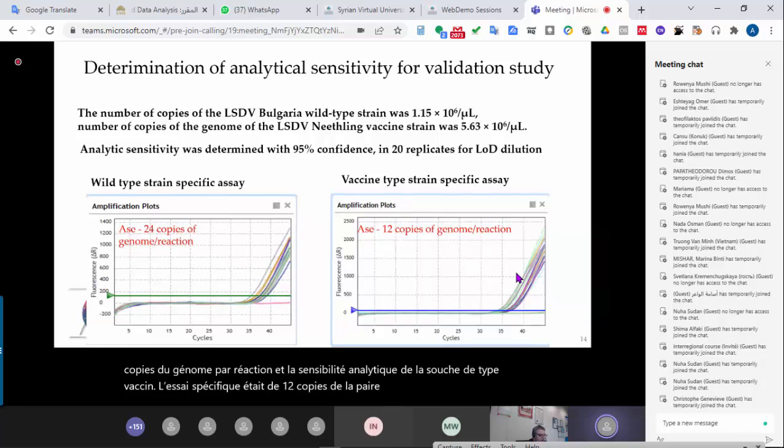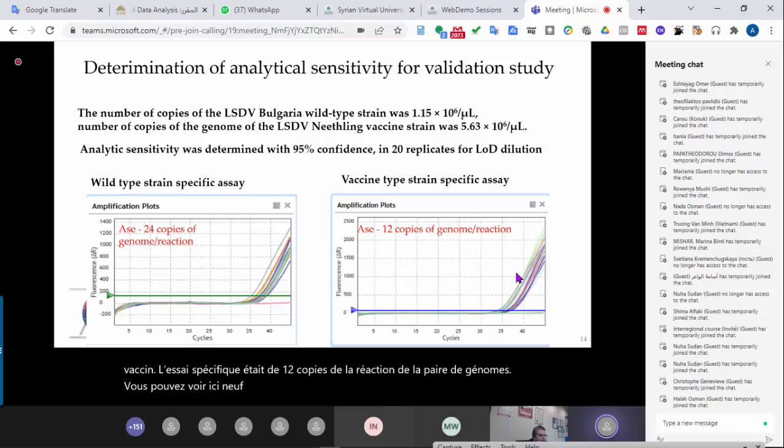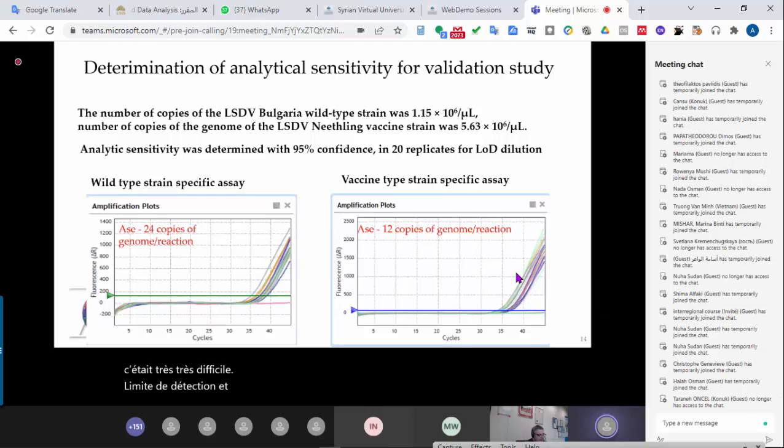You can see here are 19 positive and 1 negative sample in this dilution. It was very, very hard to determine the exact limit of detection, and we have repeated it many times.